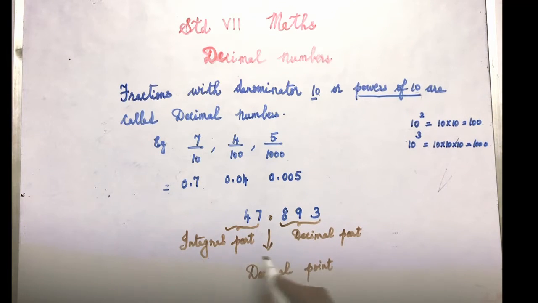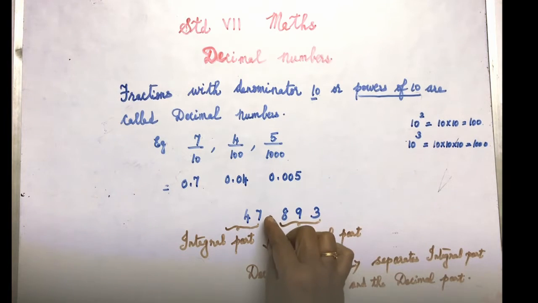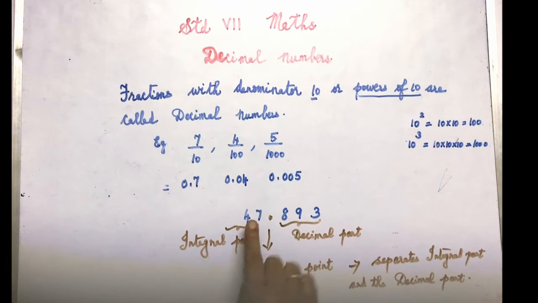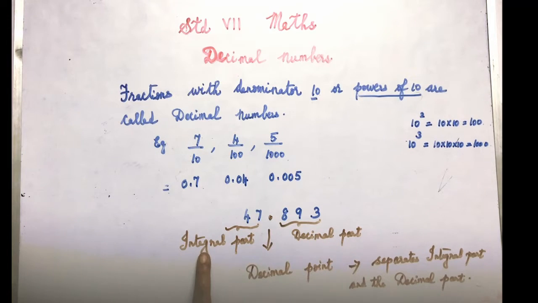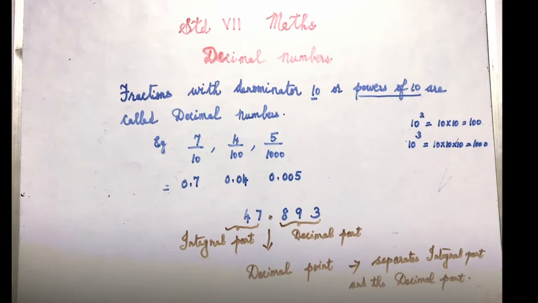So the decimal point separates the integral part and the decimal part. In the left side of the dot is the integral part, and in the right side of the dot is the decimal part.